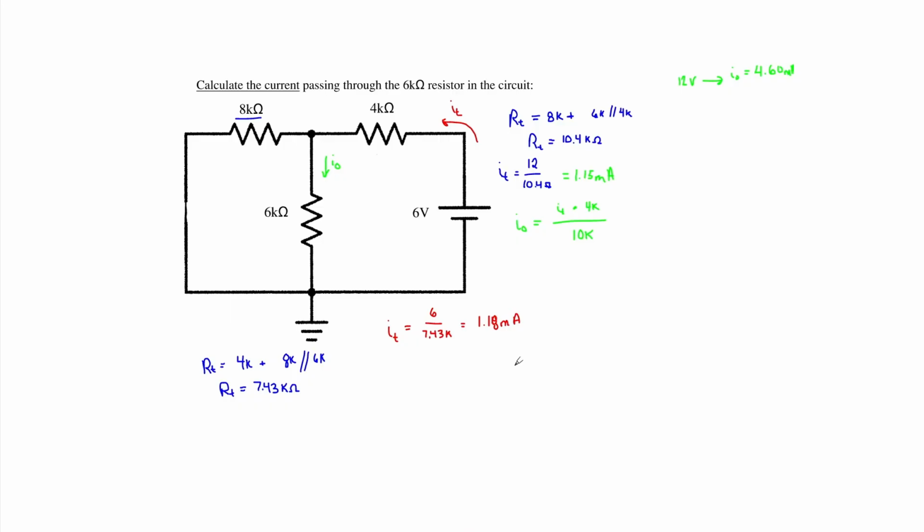Therefore, just like the other current divider problem, for this configuration, we will have an I naught is equal to our IT multiplied by the total equivalent resistance of the opposite branch, which is 8 kiloohms, over the total resistance of both branches, which is 14 kiloohms.